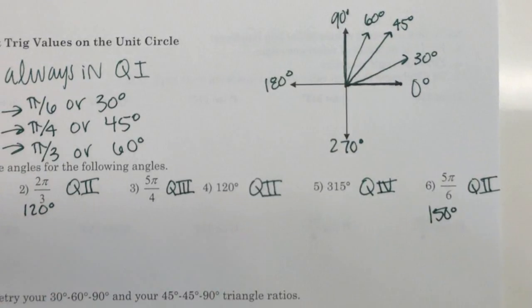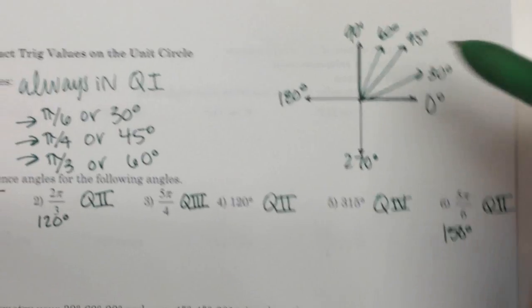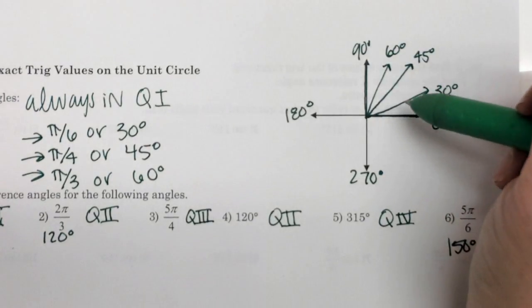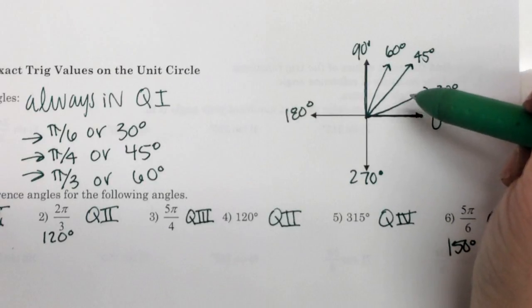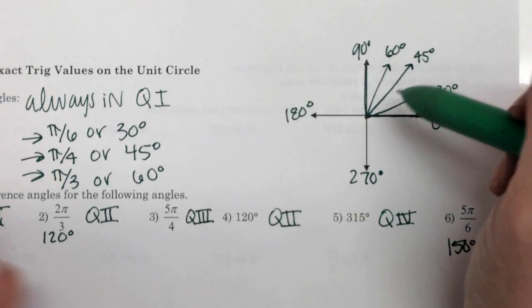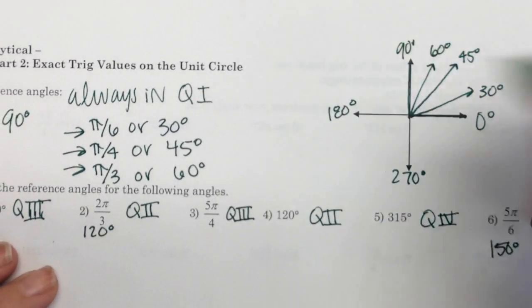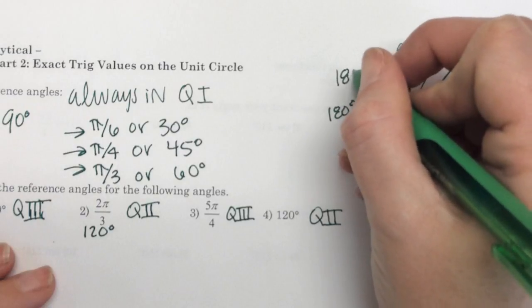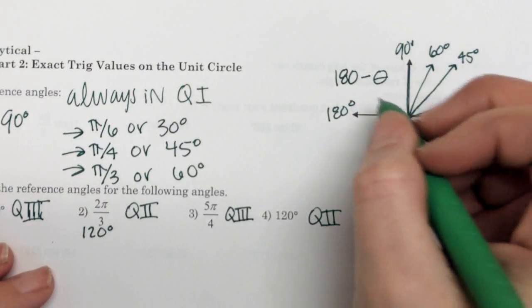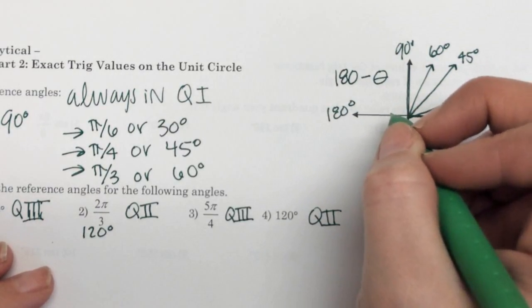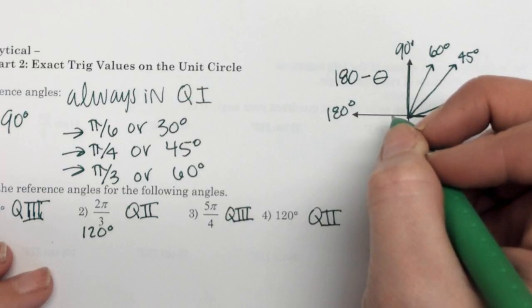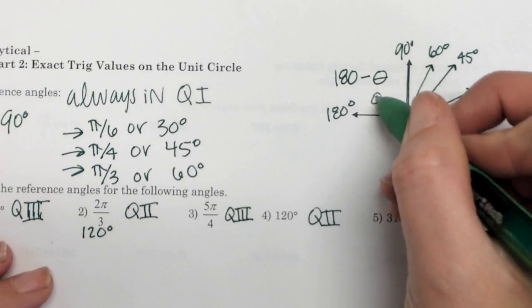Alright, for each quadrant, finding the reference angle is going to be a different formula. Okay? For quadrant 1, that's already going to be a reference angle. So if it's in quad 1, that is its reference angle. Does that make sense? Like if you have 45 degrees, that reference angle is 45 degrees because it's in quadrant 1. If it's in quadrant 2, the formula is 180 minus theta. 180 minus that degree to find the reference angle. That's for quad 2.